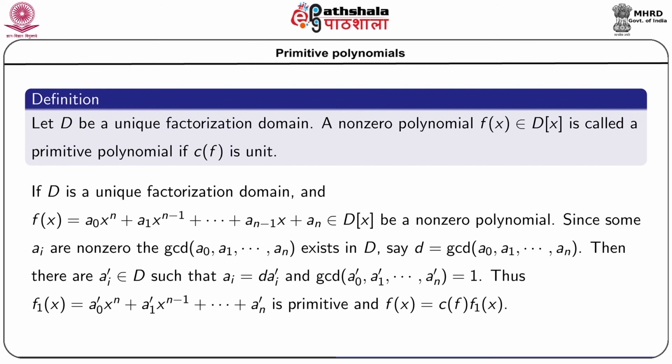Thus, f1(x) equal to a0 dashed x to the power n plus a1 dashed x to the power n minus 1 up to an dashed is primitive. So, f(x) becomes the content of f times f1(x).